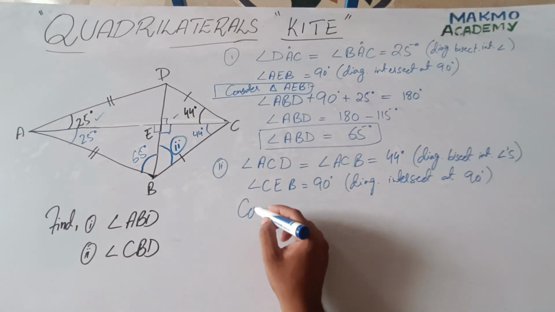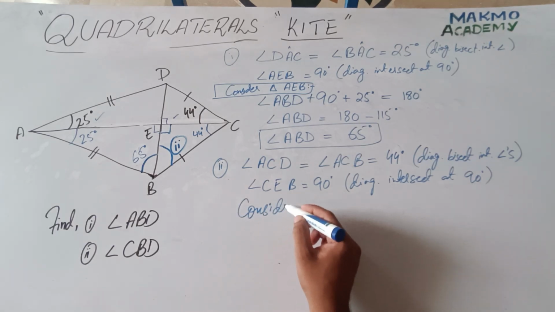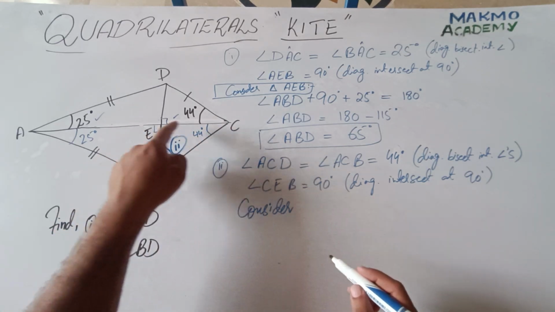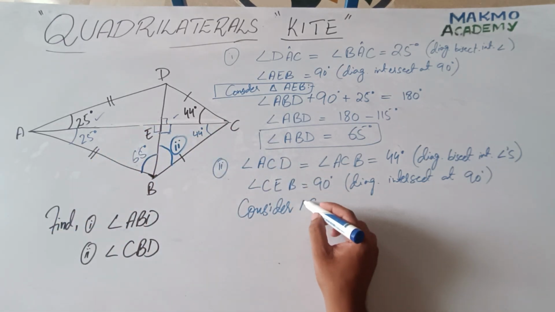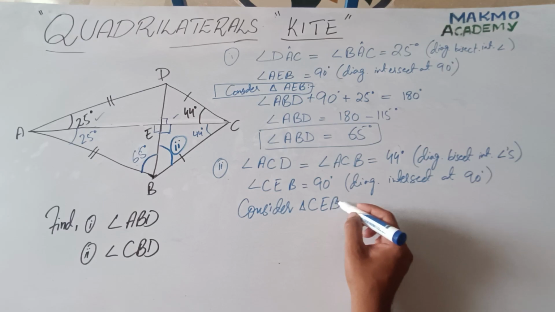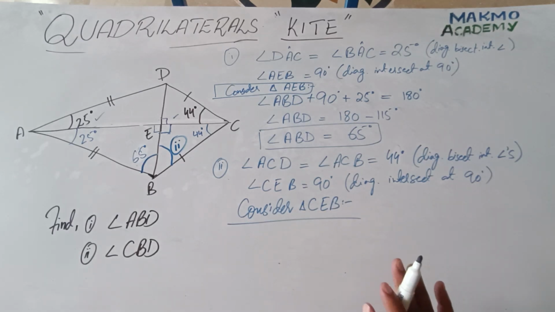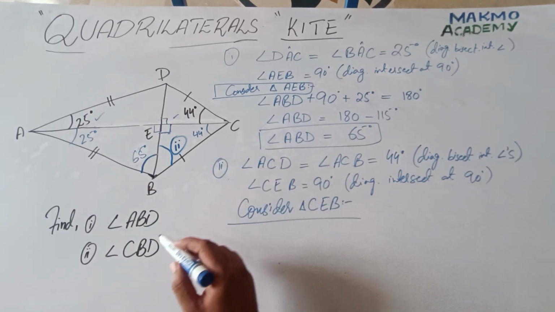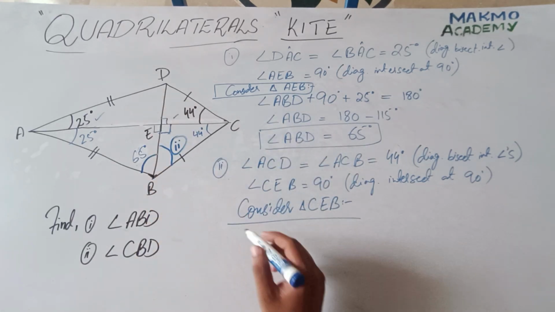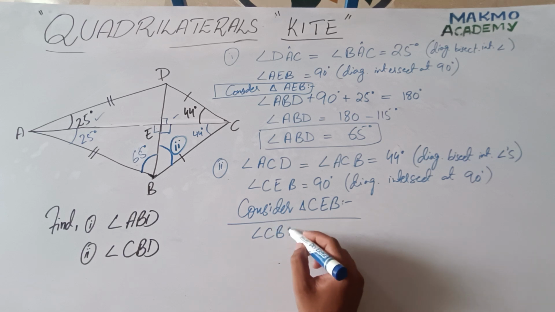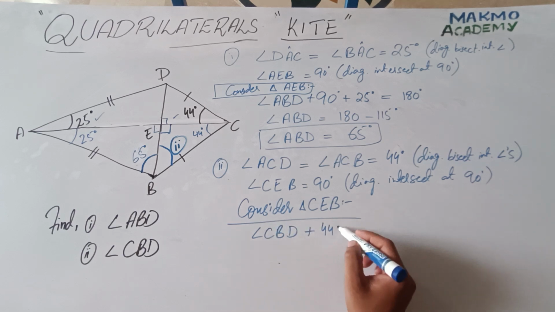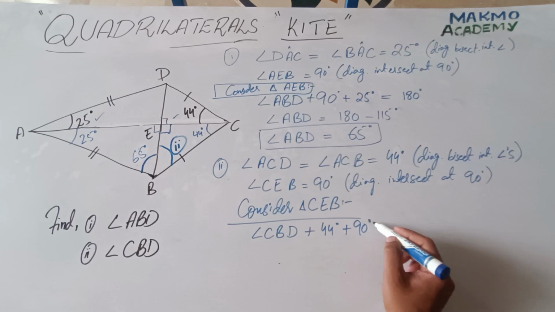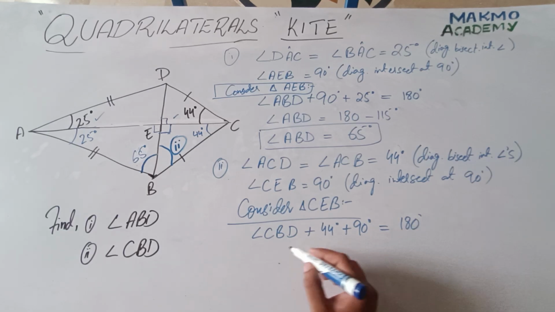Now I will draw the attention towards triangle CEB. Consider triangle CEB only. I'm specifically talking about this part only. So I will say that angle CBD plus 44 plus 90 is equal to 180 degrees.